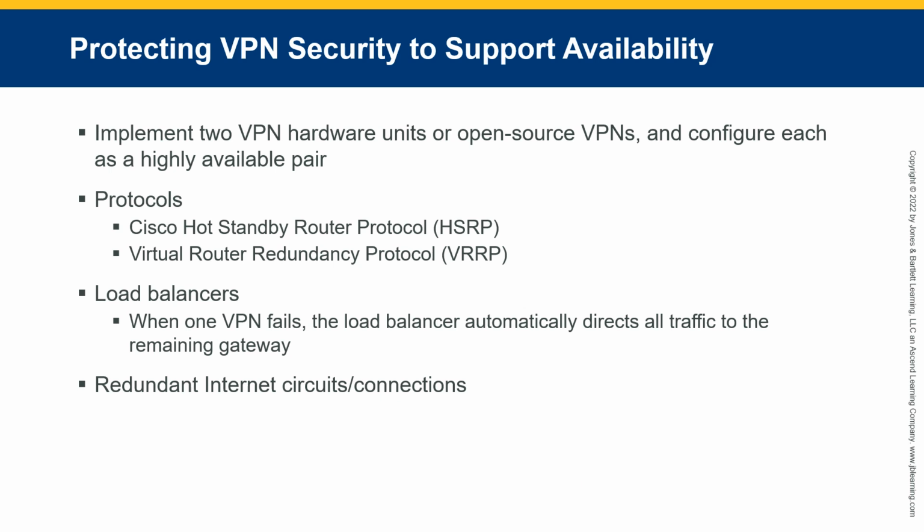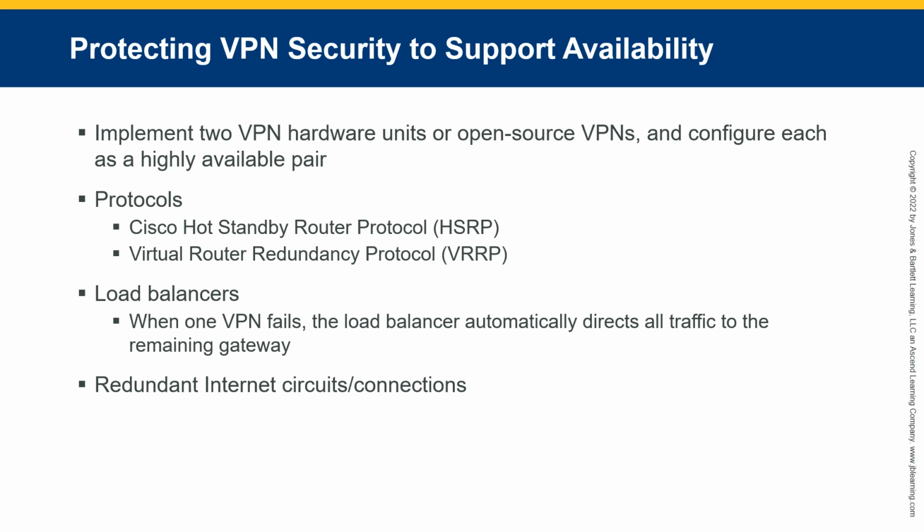So we're looking at protecting your VPN software to support availability. You always want to at least implement a pair of them so you have that redundancy in there. We talked about redundancy earlier. And we want to make sure that we configure highly available pairs. It's best practice. There are protocols out there like HSRP and VRRP, which allow for a failover in case one of those systems goes down. There are load balancers out there, software and hardware.